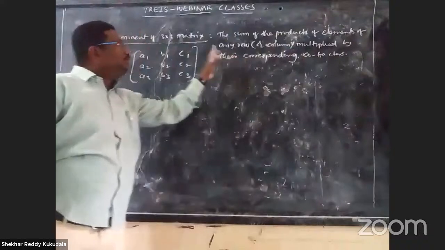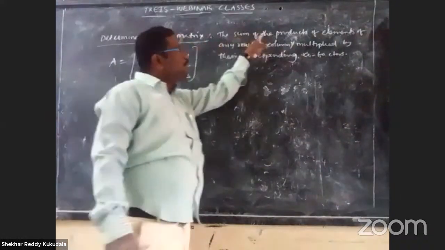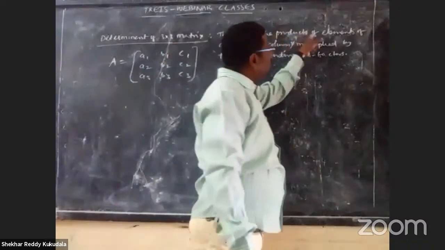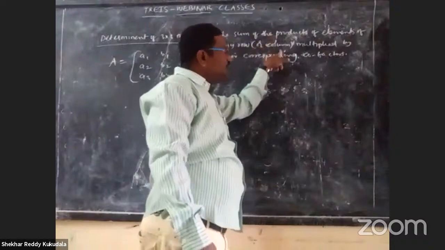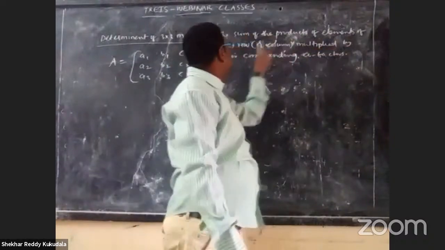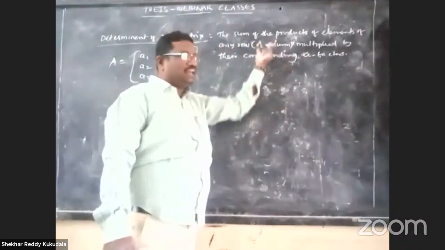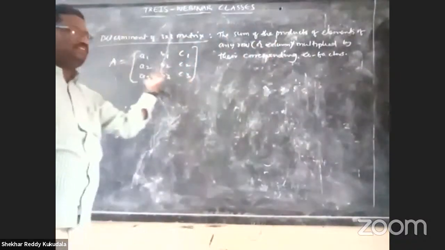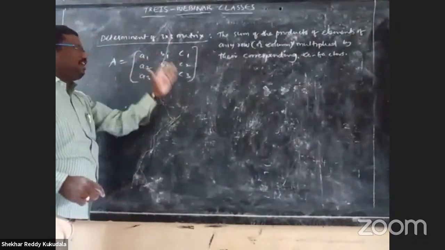So once you understand the determinant of a matrix, it is the sum of the products of elements of any row or any column multiplied by their corresponding cofactors. If it is not clear, let us come to this example. First, what we should do is take any row or any column.